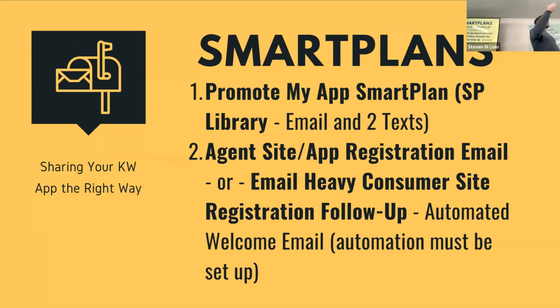This is an email and two text messages that are pre-built, have your link built in, and all you have to do is turn it on for people that you want to get that email and the two text messages. For those text messages to go out, you do need to have Twilio. Otherwise, they will just become tasks for you to send yourself. So it's very dynamic. It can be either way. If you don't want to use Twilio, that's fine. Twilio makes things so much easier.